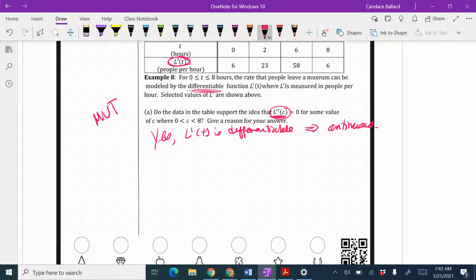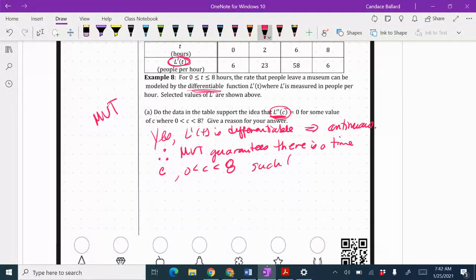And then we're going to say, therefore, MVT guarantees that there is a time, and this time they're saying that it's C. There is a time C between 0 and 8 such that, okay, it says we want second derivative. So L double prime of C equals, I'm going to do my slope calculation now.